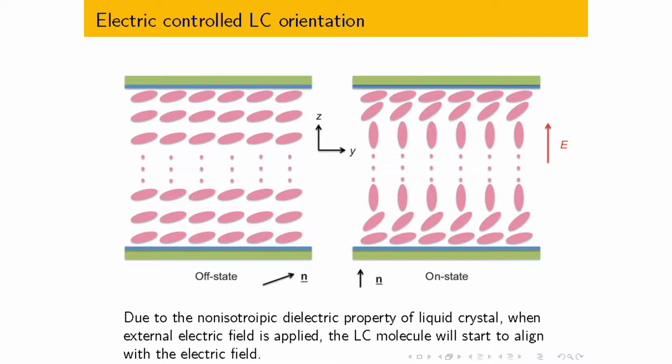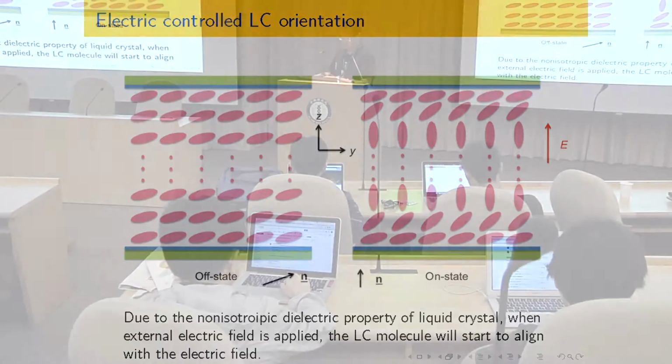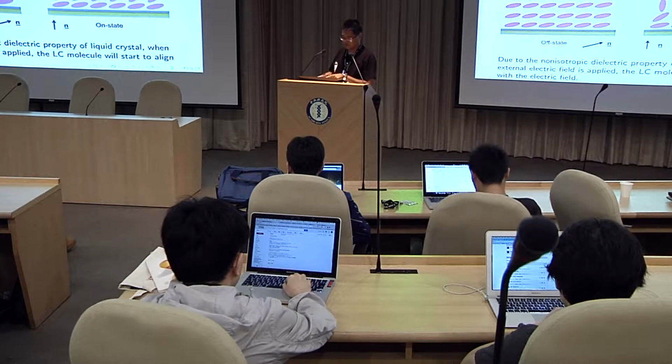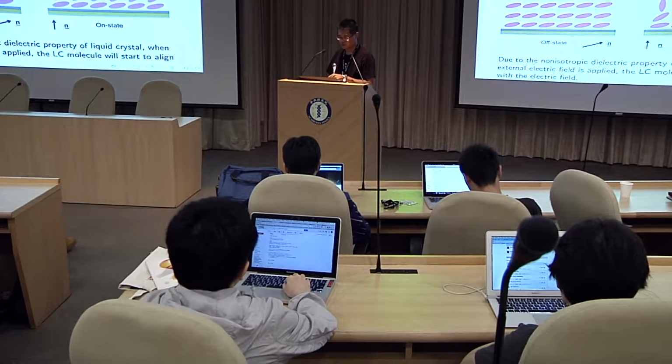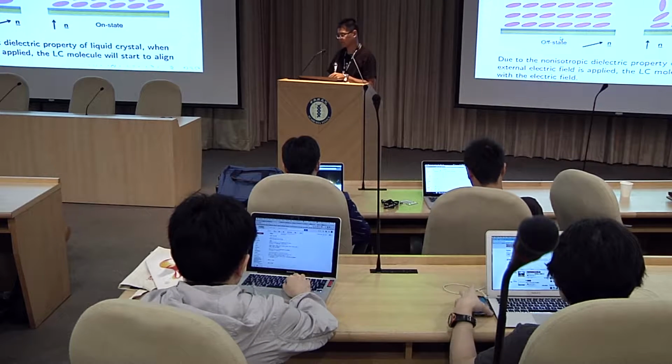The liquid crystal molecules closest to the boundary will interact with the alignment film, and the alignment film will orient those molecules in a certain direction, and on this side it is the same. And due to the force between these molecules, they are oriented in the same direction.